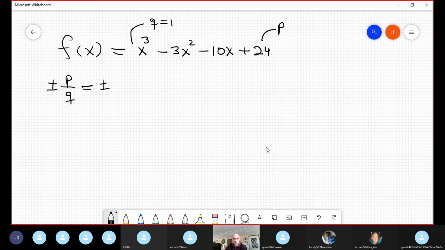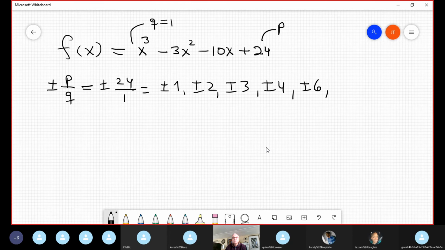So plus or minus 24 over 1. No, actually we have no fraction because it's 1. When the denominator 1 is invisible. Entonces the potential es plus or minus 1, plus or minus 2, plus or minus 3, plus or minus 4, plus or minus 6, plus or minus 12, and plus or minus 24.